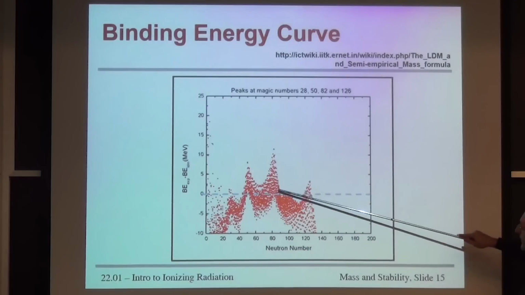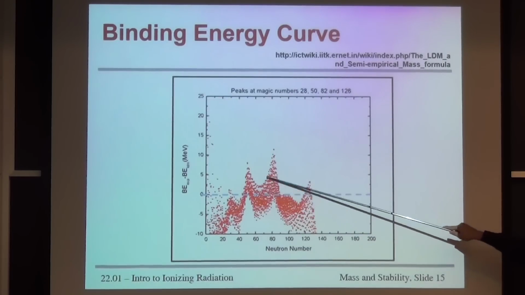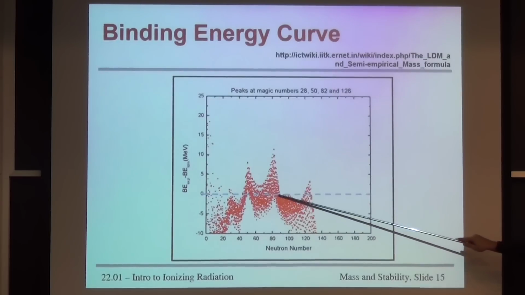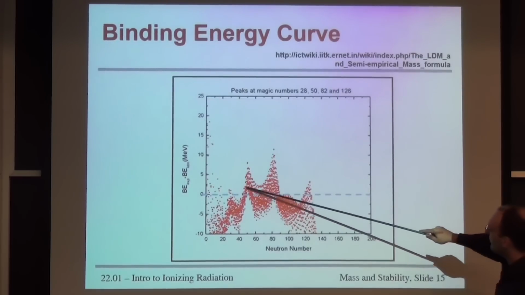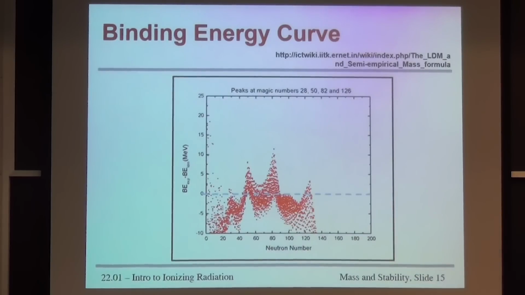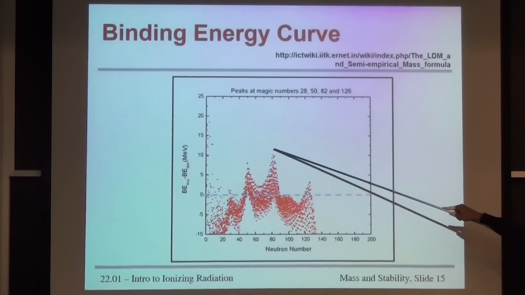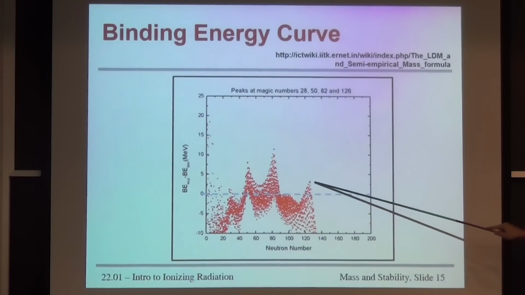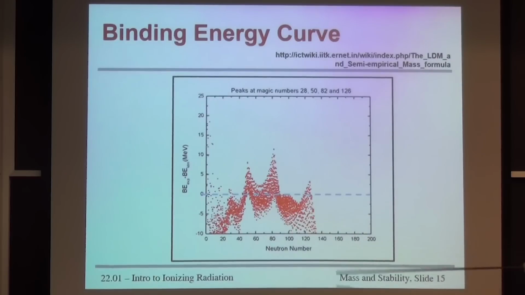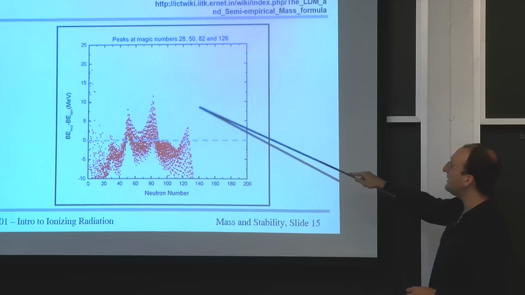Again, it's not for every nucleus as a function of neutron number, but even drawing an envelope around this curve, you can see that the nuclei around 82, around 50, around 28 are a whole lot more stable than the ones in between. This pattern repeats with larger and larger periodicity, and it looks like right here at the edge of our knowledge of nuclei, we haven't quite gotten to the next peak yet.